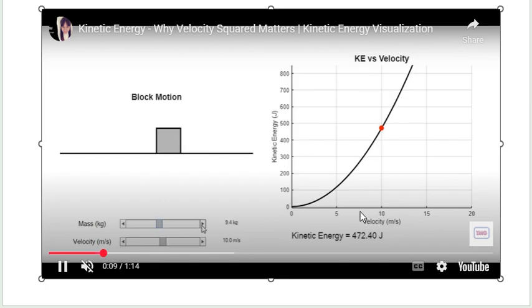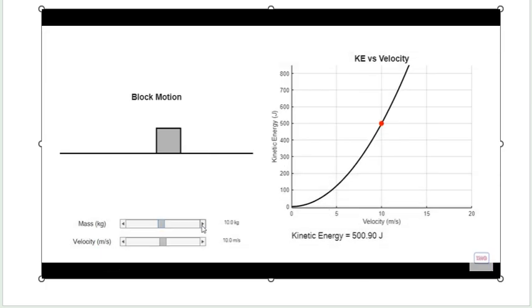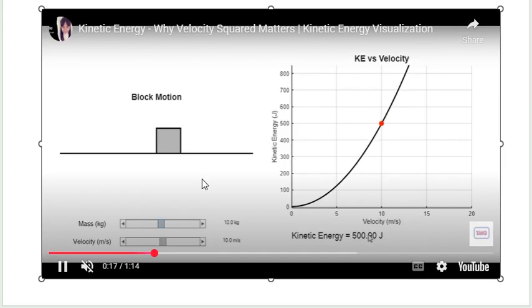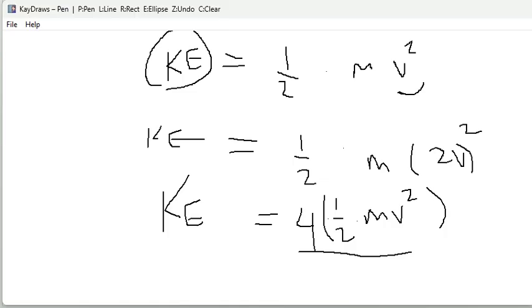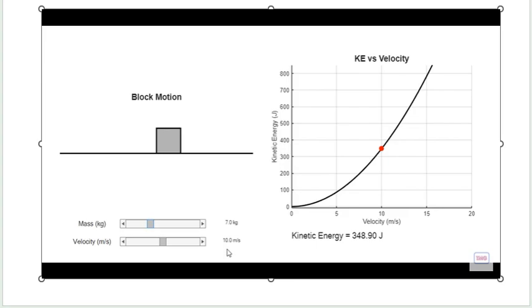When you increase your velocity, you can see your kinetic energy is going to go up. When you increase the mass, you can also see the kinetic energy go up. So this simulation is showing you the direct proportional relationship between the kinetic energy, the mass, and the velocity.